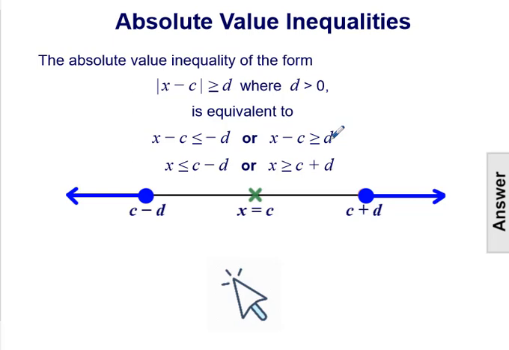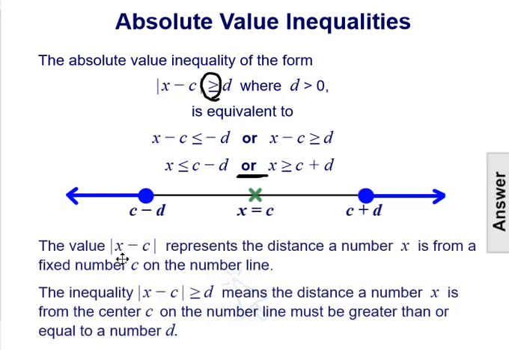You have that split. And if you end up solving for x, you get x is less than or equal to c minus d, or x is greater than or equal to c plus d. So again, you have this big idea that you started with greater than or equal to, and it ended up with an or compound inequality.